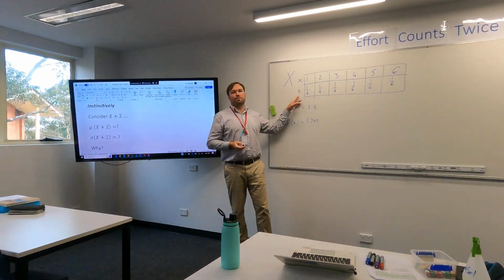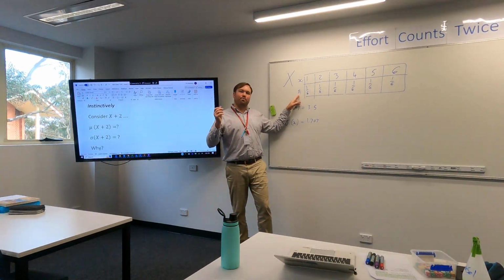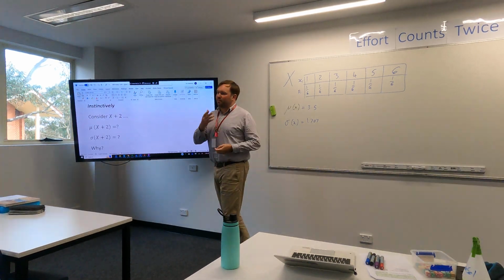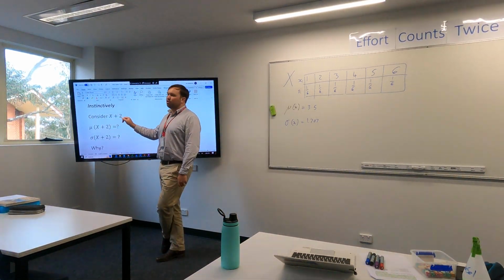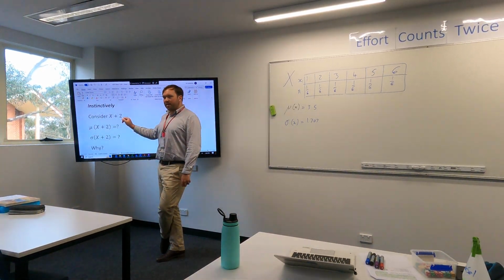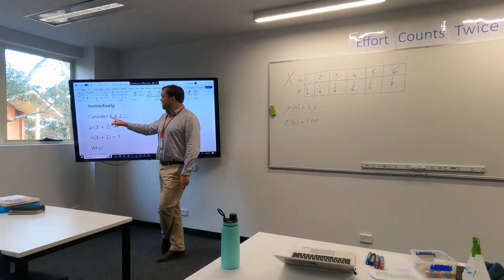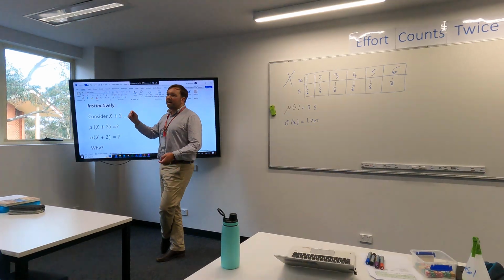That's easy, that's this distribution. What happens if when you roll the dice, you get $1 for every number, so the distribution, and then you add 2 to it. So your distribution is changing. We're manipulating the distribution here. We are taking a random variable and adding 2 to it.